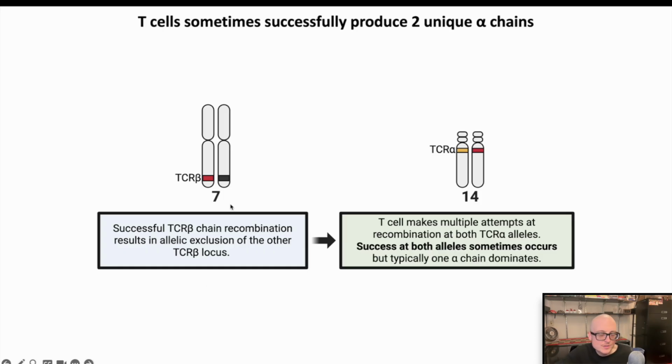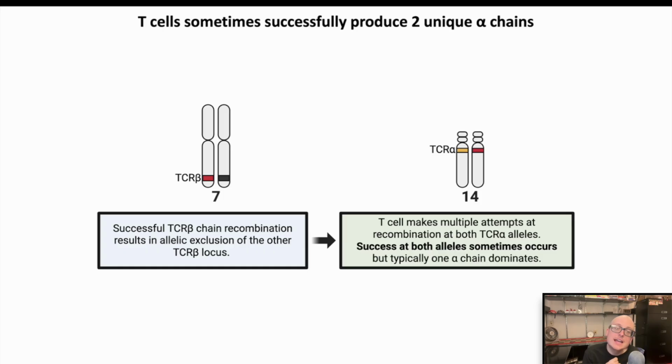Looking on chromosome 7, where the beta locus is, we will randomly start to try to recombine the VDJ segments in one of the beta loci, and if we're successful, we will allelically exclude the other one. If we're unsuccessful, then we will move on to the second chromosome, the second locus, and try there.